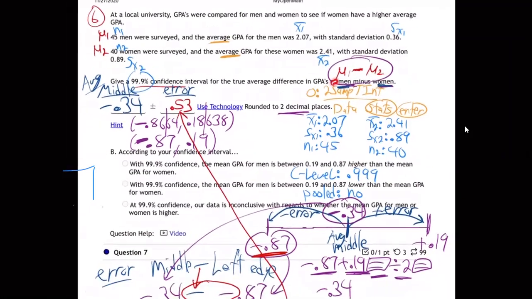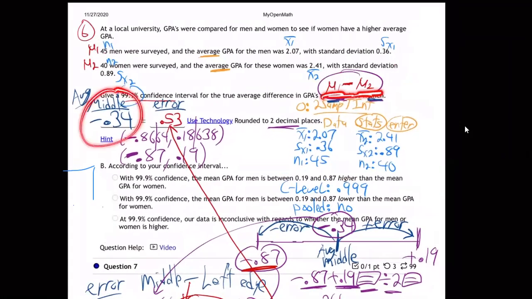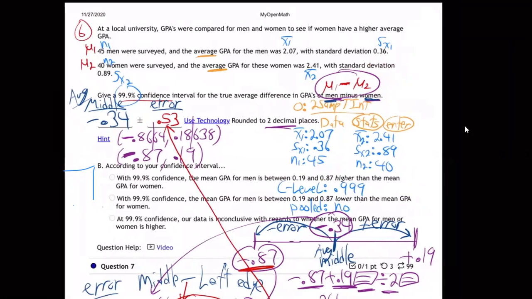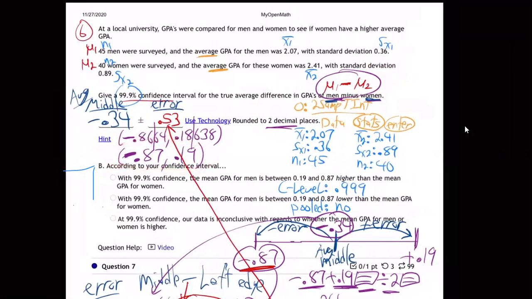Because if you subtract two things and you get a negative answer, the second number is bigger. So we think the women are a little higher by 0.34 on their GPA, but we know there can be some error in our estimate, give or take an error amount of 0.53. Which is the same thing as saying this interval between negative 0.87 and positive 0.19.